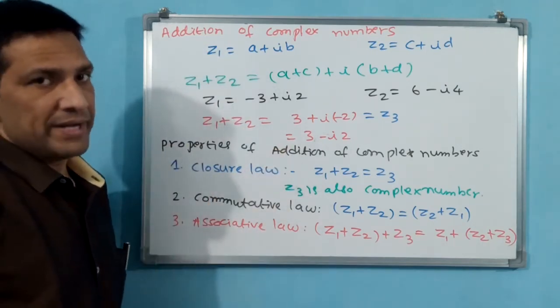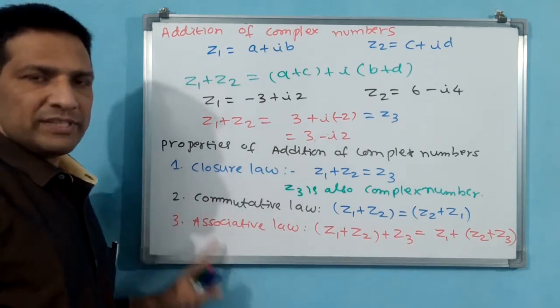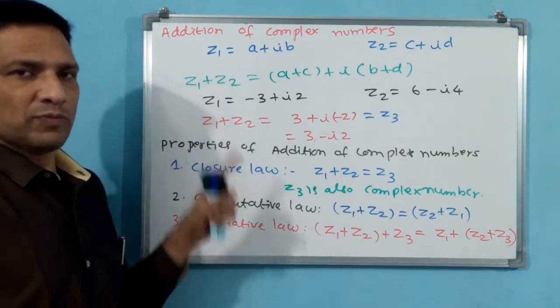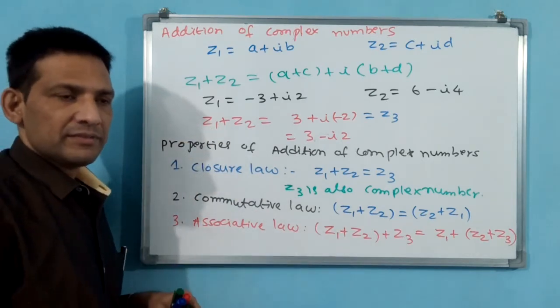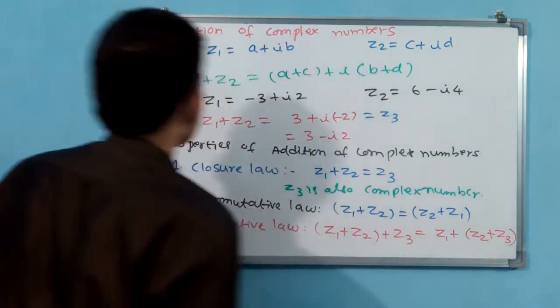Keep that in your mind. Three laws we have seen, three properties. Fourth and fifth, additive identity and additive inverse, we will also see. First, additive identity.